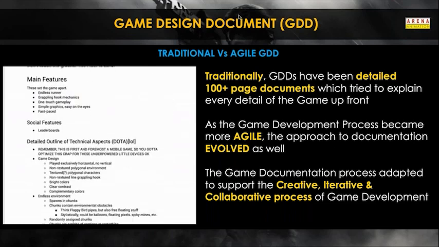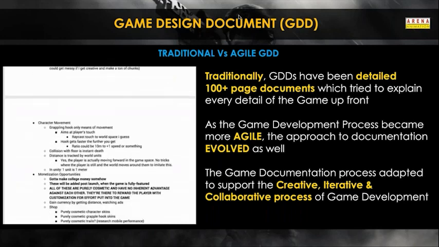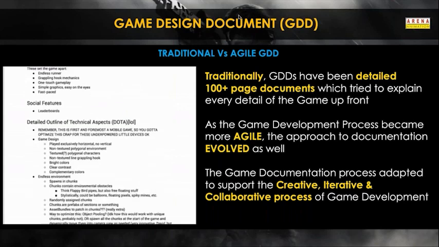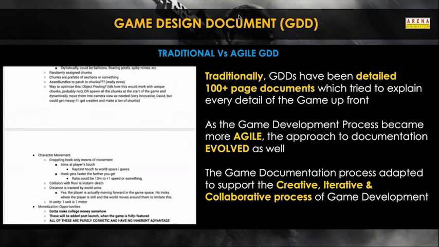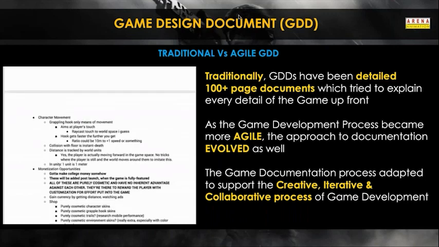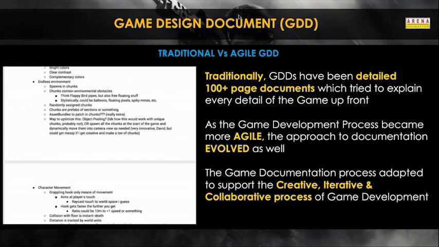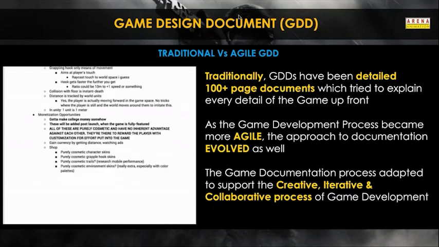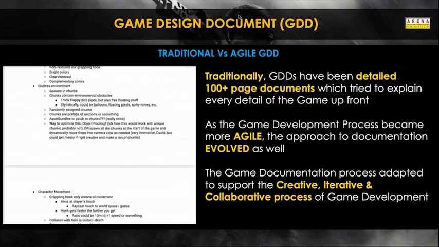Rather than doing away with the game design document altogether, the documentation process adapted to support the creative, iterative, and collaborative process of game development. So there is a team of people who actually add to the game design document, and it evolves and reshapes itself.